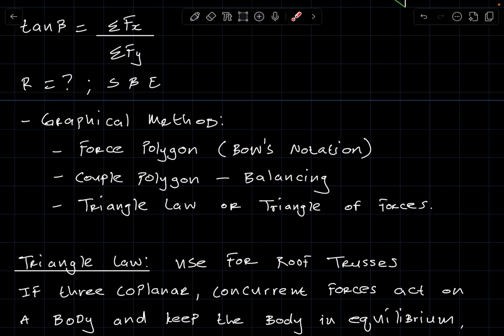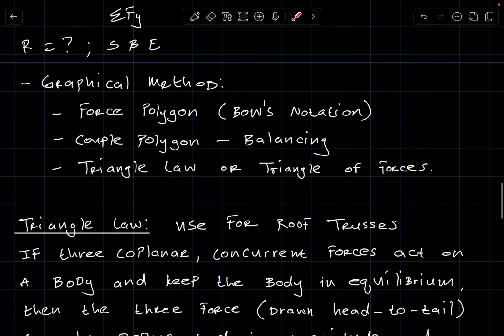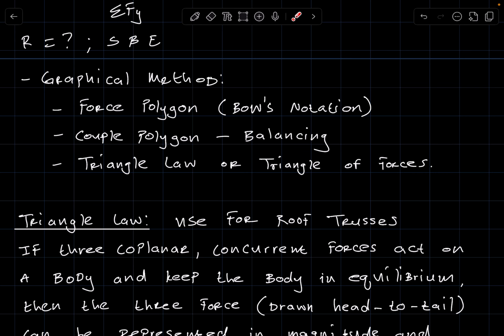Now these two are not necessarily the same thing, right? Because the triangle of forces we use for both cases where the system of forces is in equilibrium, and for cases where the system of forces is not in equilibrium.